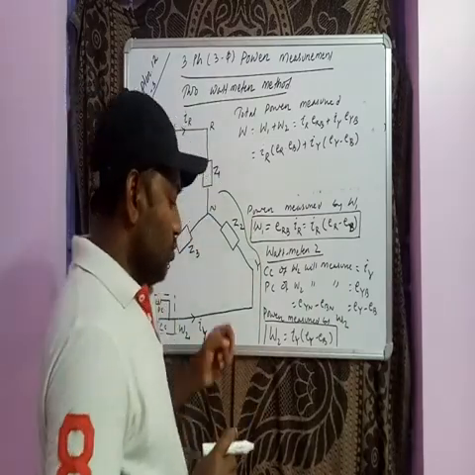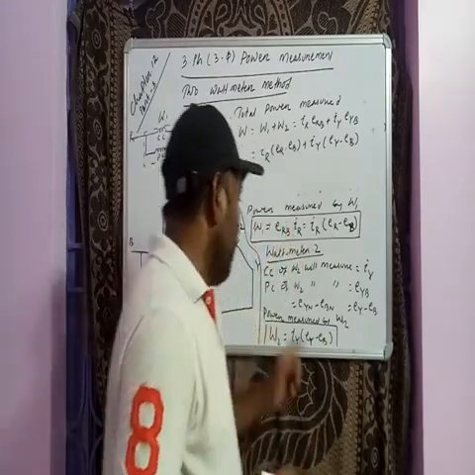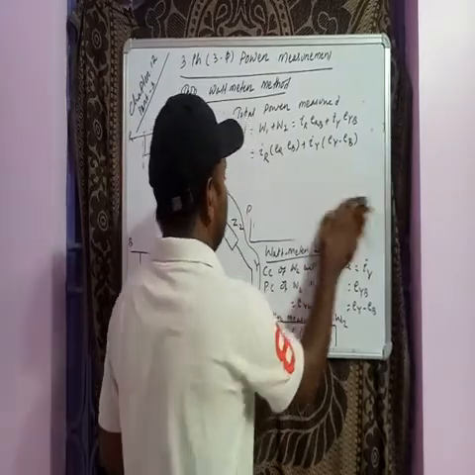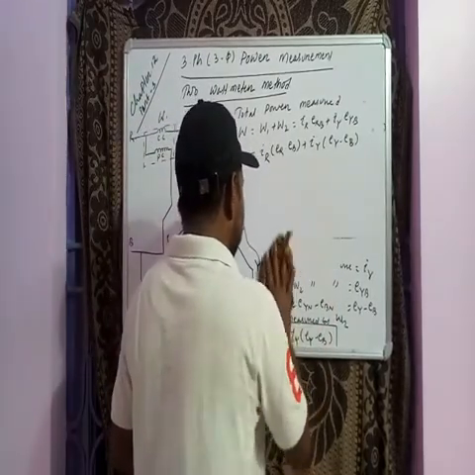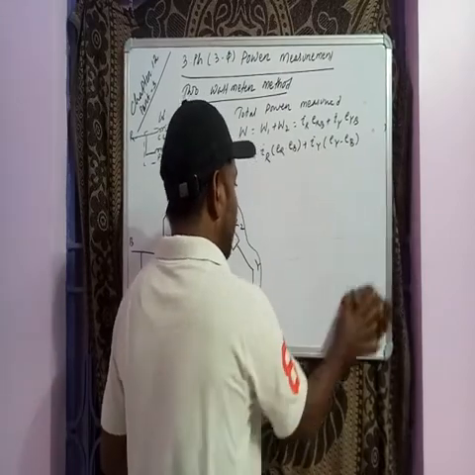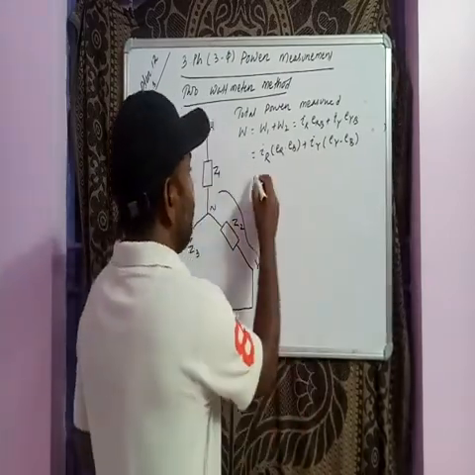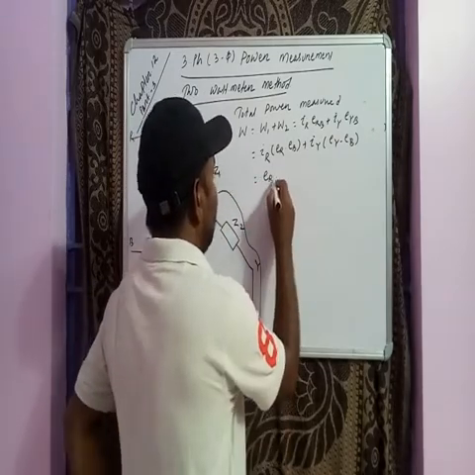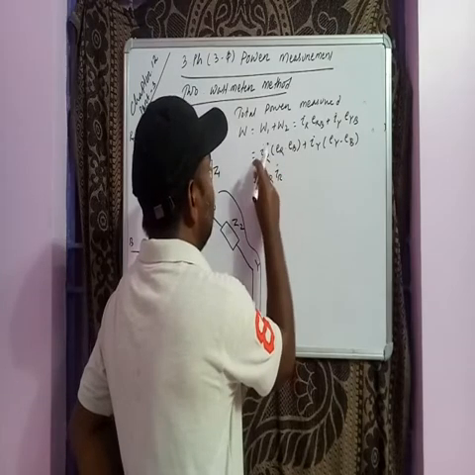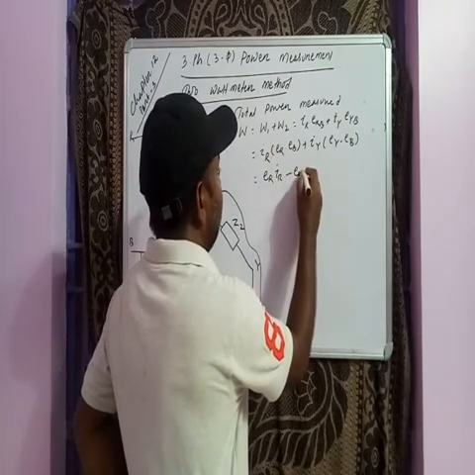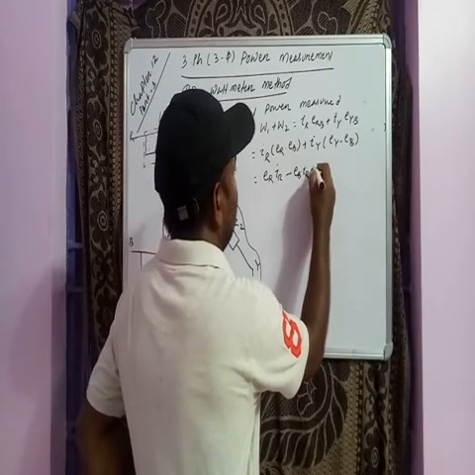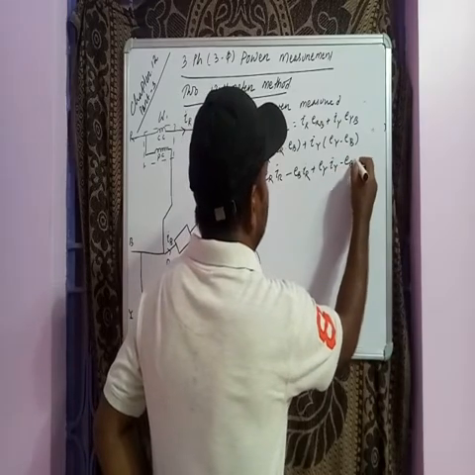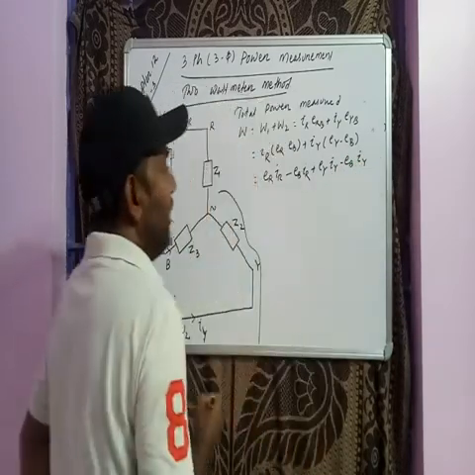So clear about this? After using the W1 and W2 values, now what to do? We have to simplify this. When we simplify, just open the bracket: ER into IR, minus EB into IR, plus EY into IY, minus EB into IY.